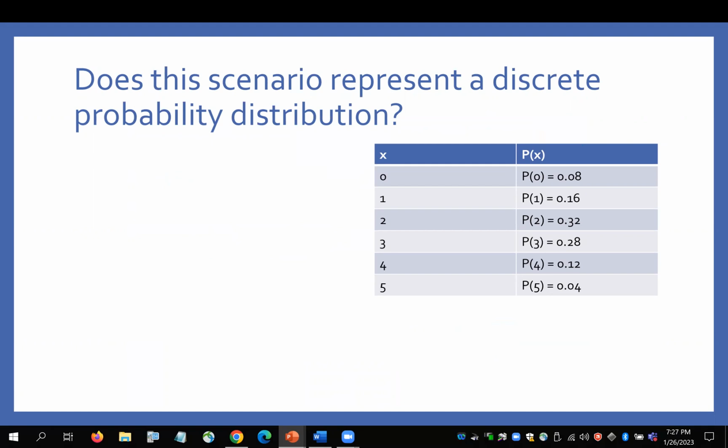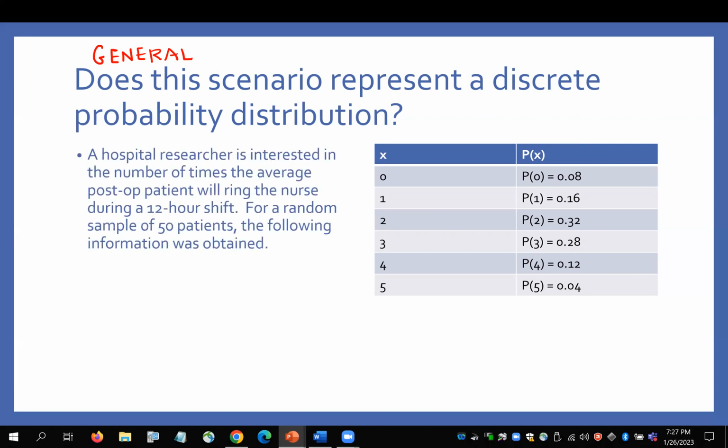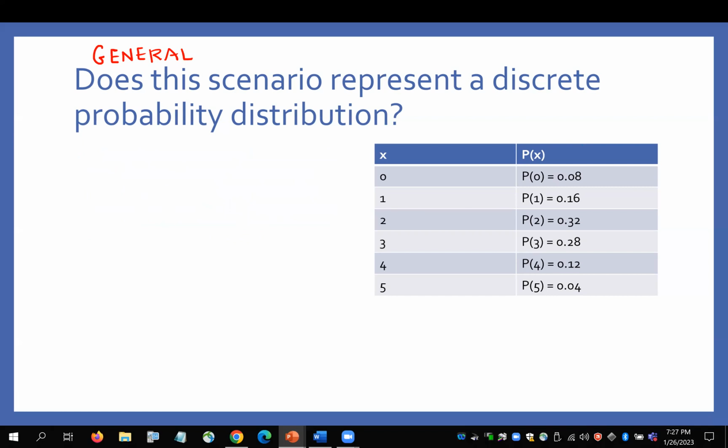And again, this particular question, if you want to make a note of it, is kind of a general discrete probability distribution. Now, the first thing we need to do is to decide, first of all, is it a discrete probability distribution? So to make that decision, we need to check two things.